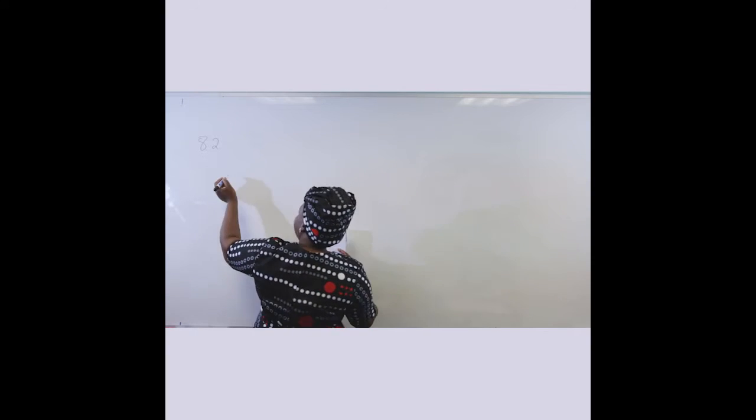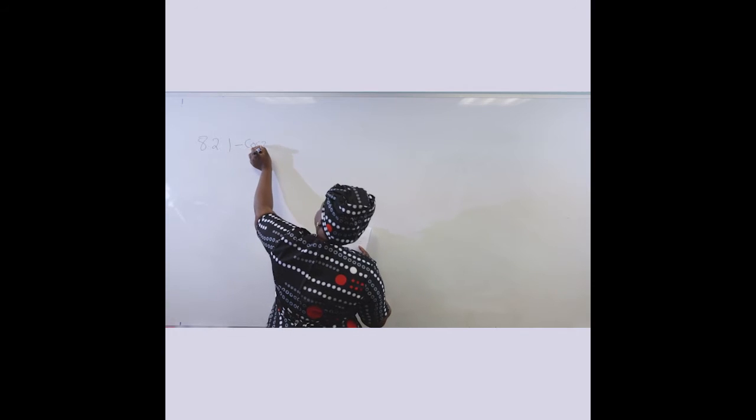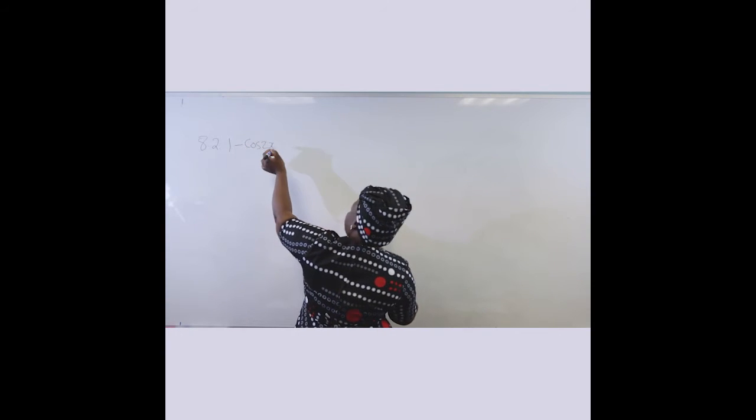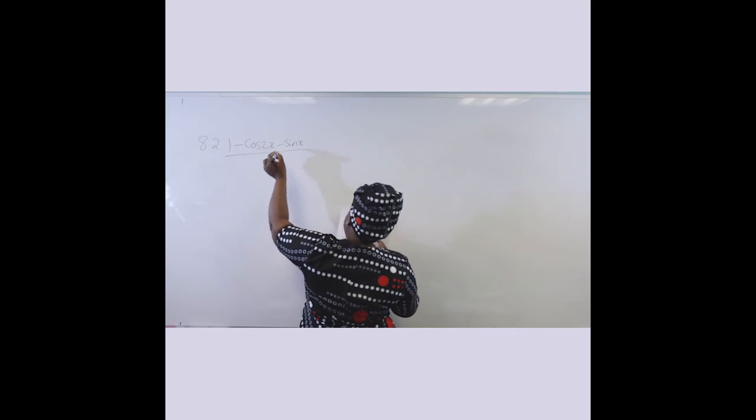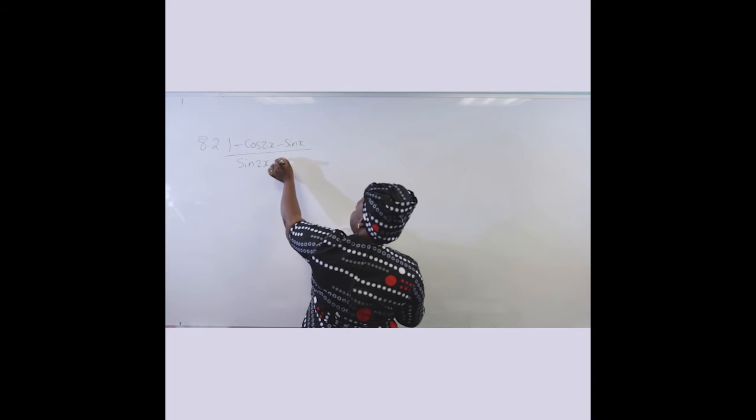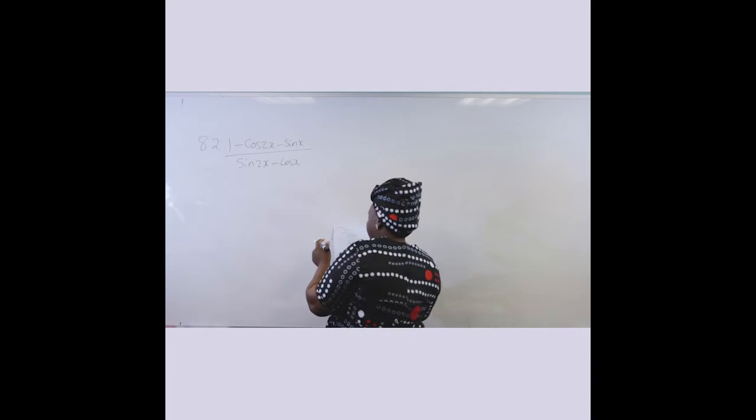1 minus cos 2x minus sine x divided by sine 2x minus cos x. And after given that expression, we must prove something on it. This is the expression: 1 minus cos 2x minus sine x divided by sine 2x minus cos x.